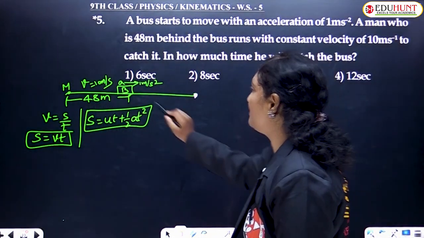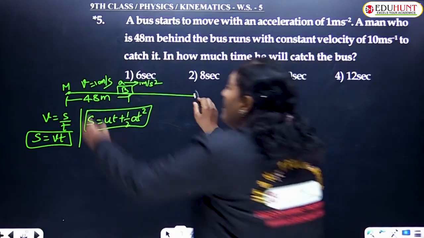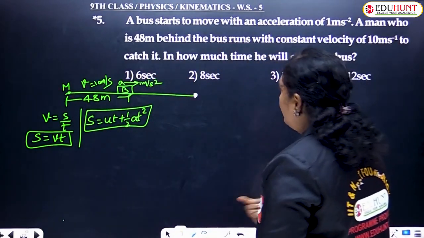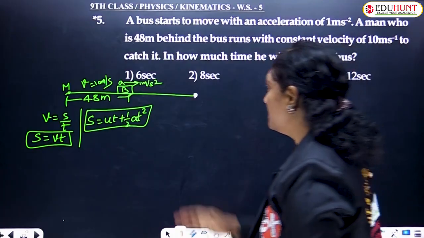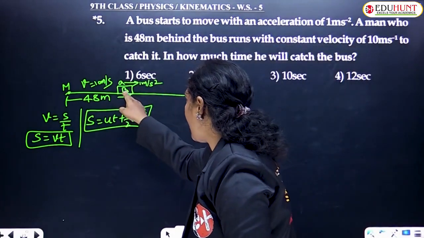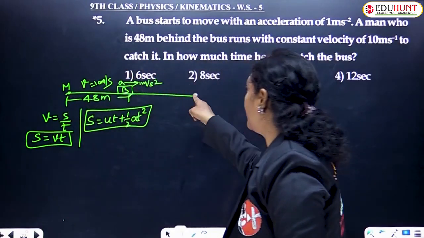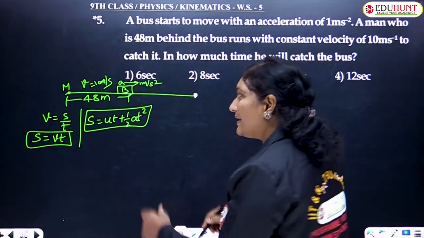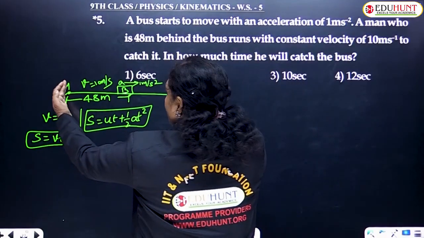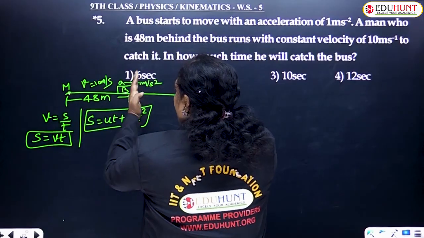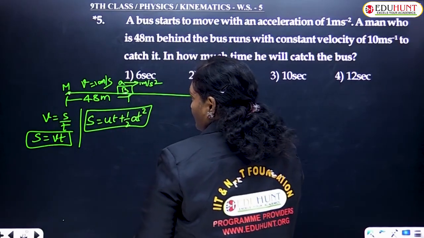So this is your finishing point where the bus also reaches here, the moment the man also reaches here, and the man gets into the bus. Okay, so the bus may travel from here to here, whereas the man may travel from here to here. So it's very clear that the man will cover a distance of this much, from this point to this point, whereas the bus covers only this part of the distance.